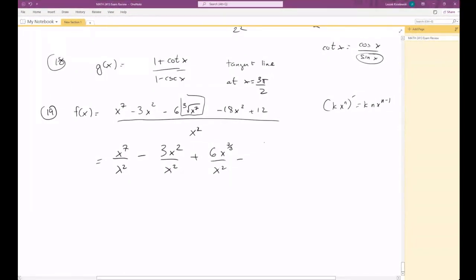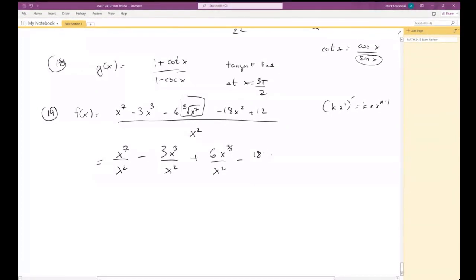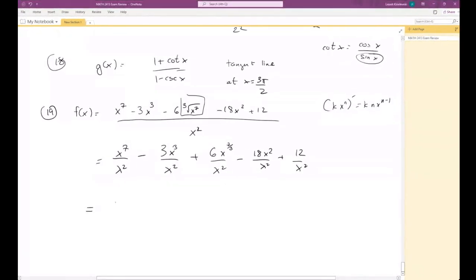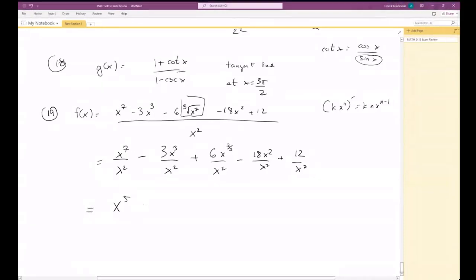Is that supposed to be x squared? No, it's supposed to be x cubed. All right. Great, great. So now we're going to simplify using properties of exponents.